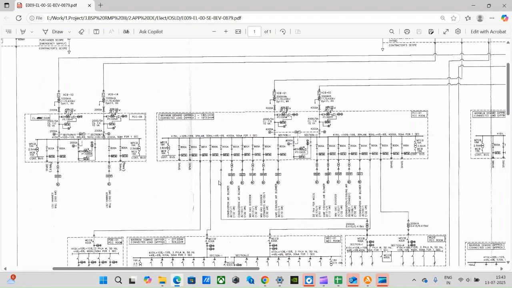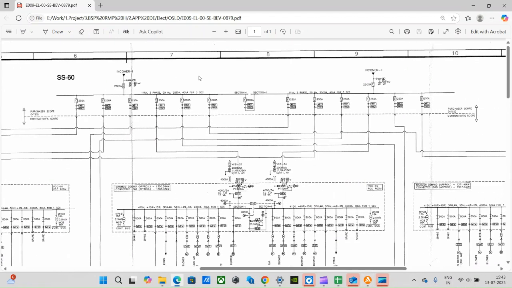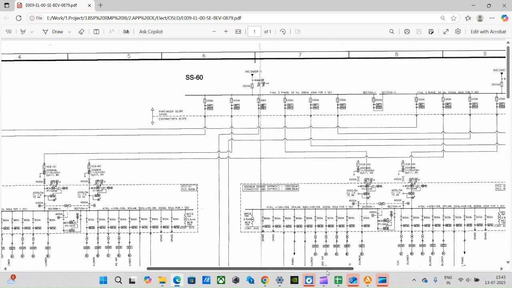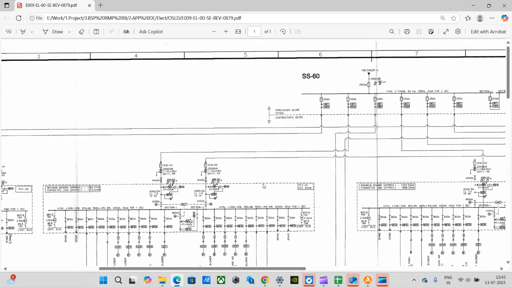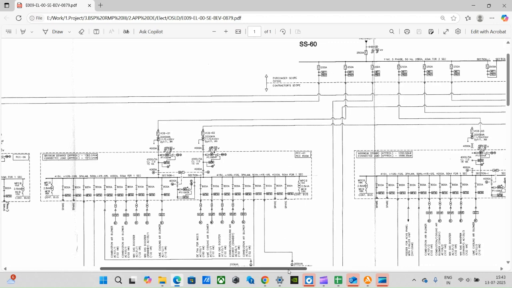Similarly, from SS60, from this HT board, power has been supplied to many PCCs.